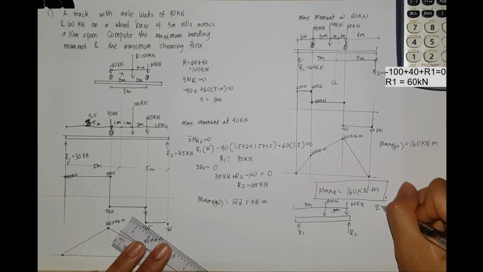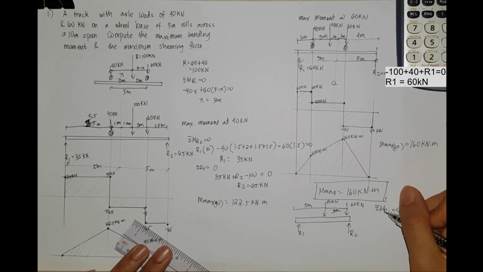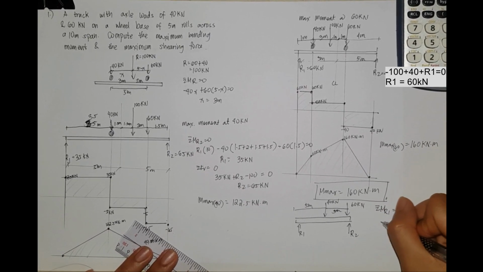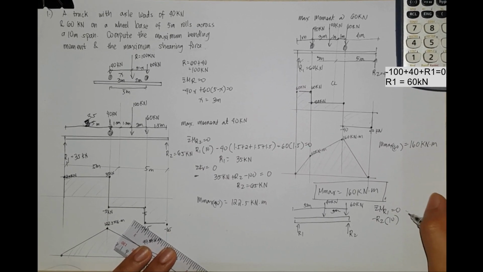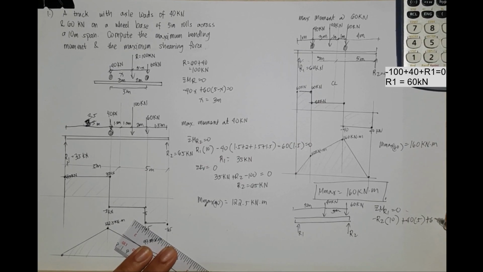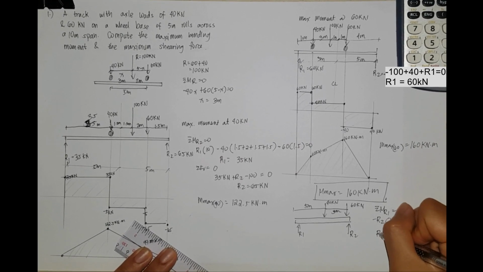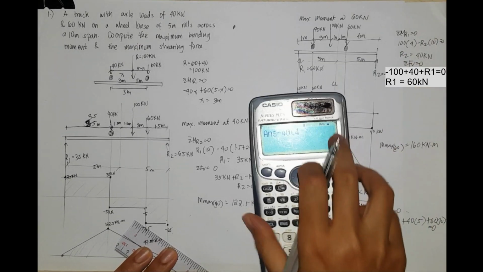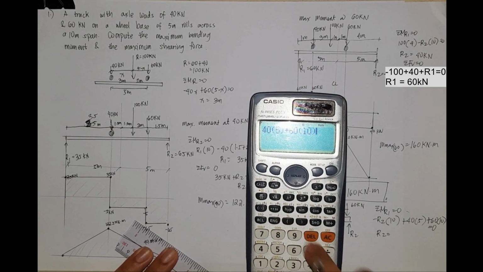So, by taking the summation of moment at R1 is equal to 0. Therefore, we have R2 multiplied by 10 plus 40 multiplied by 5 plus 60 multiplied by 10 is equal to 0. Therefore, the reaction at 2 is equal to 40 times 5 plus 60 multiplied by 10.